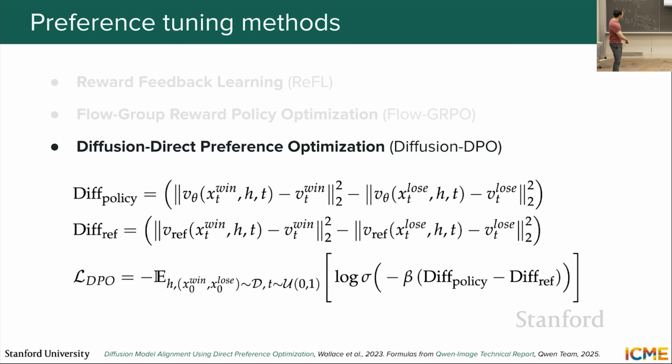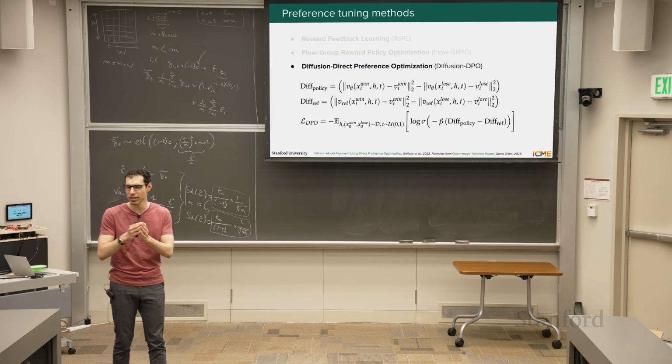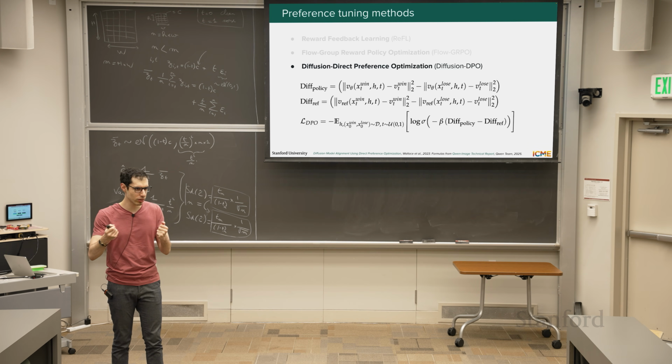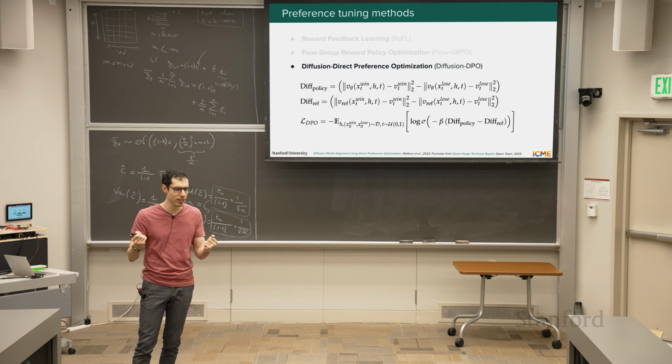And the last one I will mention, and I'm sorry for these big formulas, but I couldn't find a good illustration for this one, is called Diffusion-DPO. Diffusion-DPO is the diffusion equivalent of DPO, which is a supervised method used in the LLM world to tune the weights of your model with respect to human preferences.